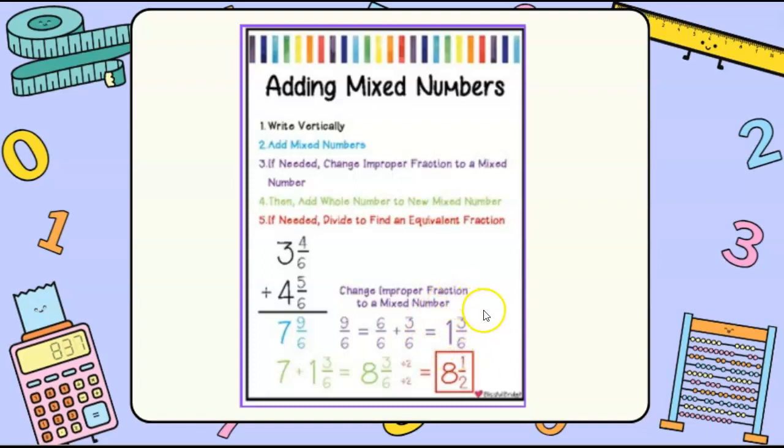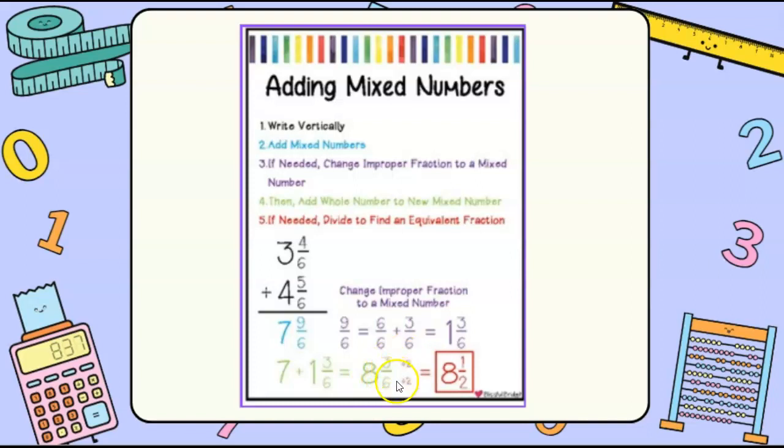Once I have that pulled out, then I'm going to add it to my mixed number integer. So now I have 7 plus 1 and 3/6. I'm going to add my two integers, 7 plus 1, and my fraction stays over here on the side. Becomes 8 and 3/6.